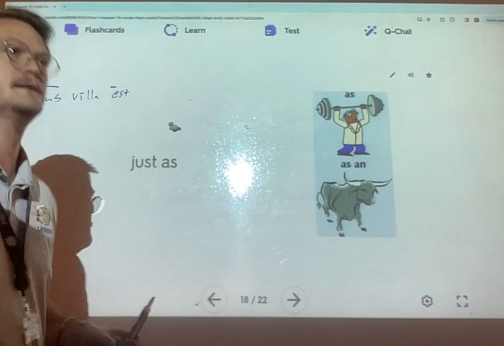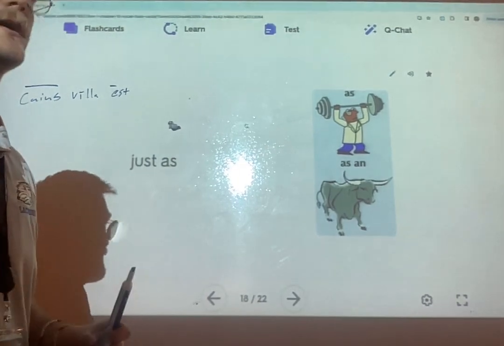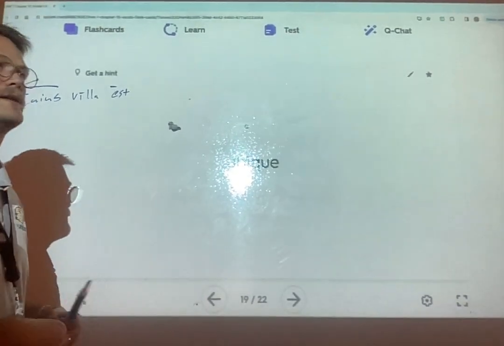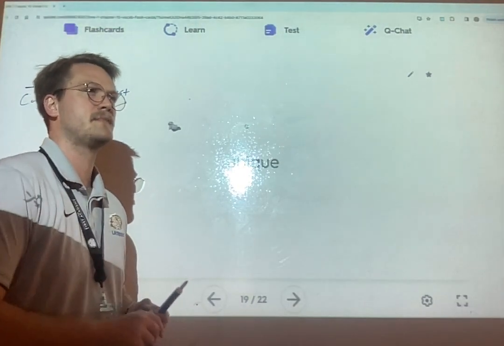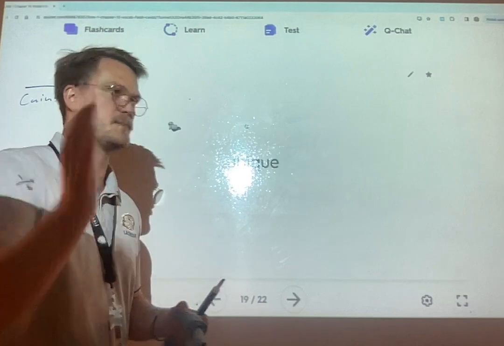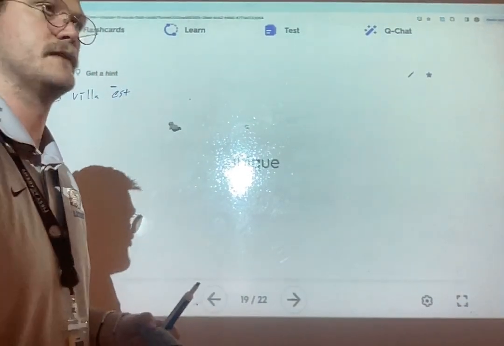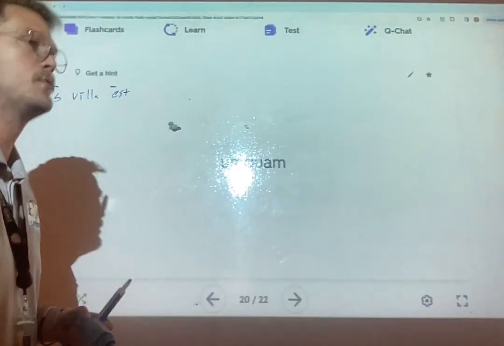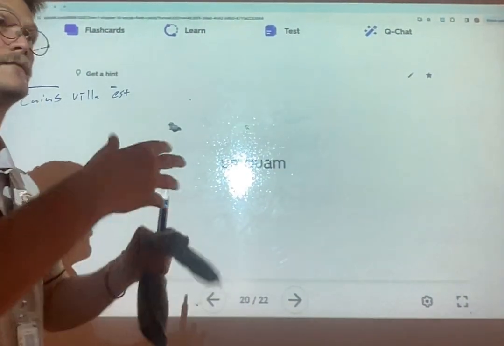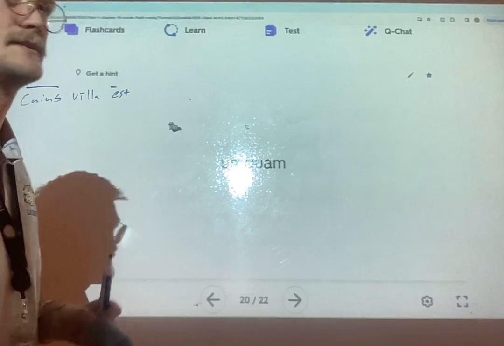He's as strong as an ox, that kind of thing. Ubique, this is where we get the word ubiquitous. Do y'all know what ubiquitous means? It means it's everywhere, it's widespread. So ubiquity, that kind of stuff, it just means they're all over the place, like McDonald's. All right, umquam, this means ever. This thing was the greatest ever. That's that sense of that word.